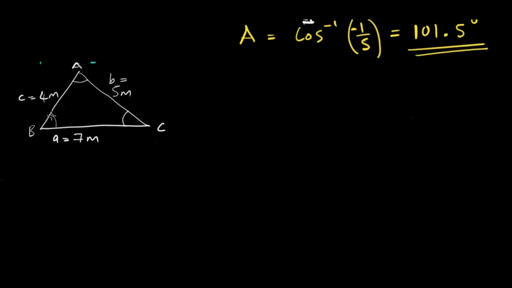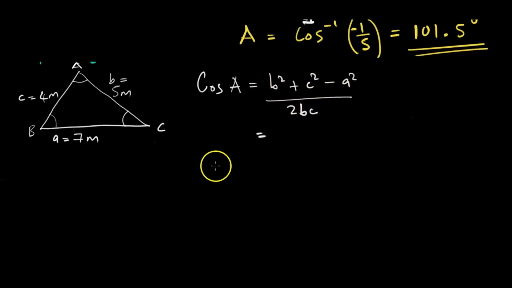So if we want to do it with the method we just learned, what will it be? Cos A is equal to B squared plus C squared minus A squared over 2BC. So let's substitute here: B squared, then the 5, so it's 5 squared plus C, which is 4 squared, minus what is A?